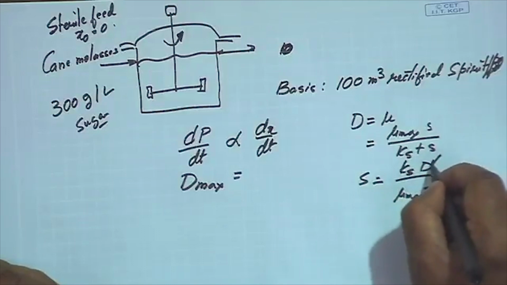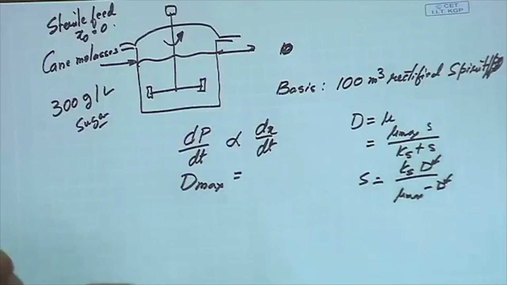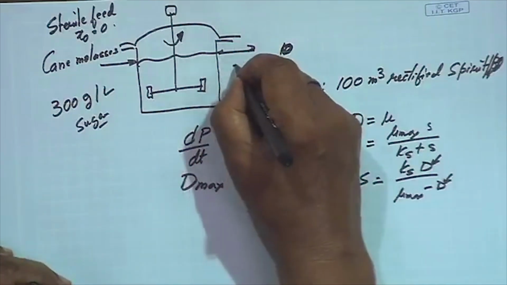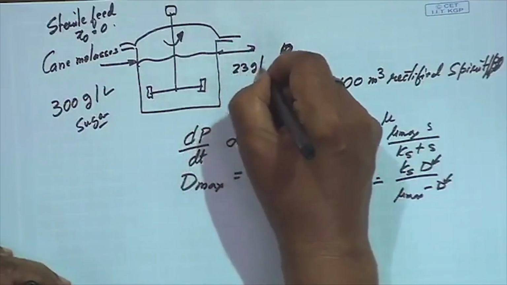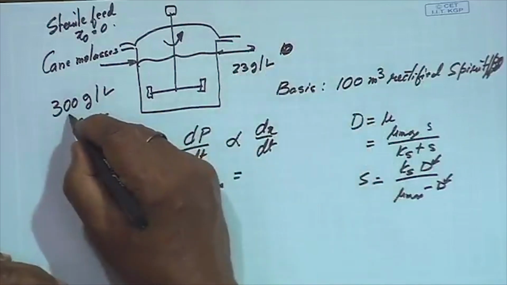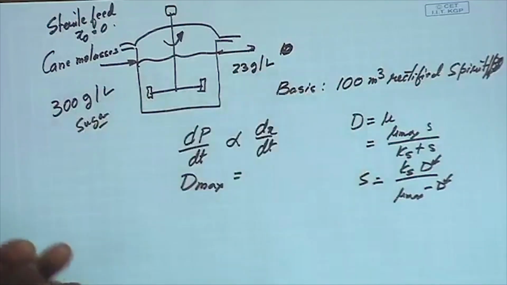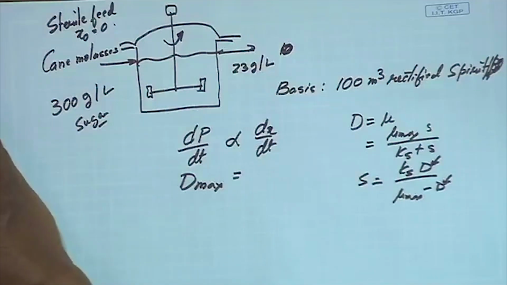Now, this D we can replace by Dmax and we can find out the value of S. So, S here is coming about 23 gram per liter. Here it was 300 gram per liter. By substituting we can find out the cell mass concentration.